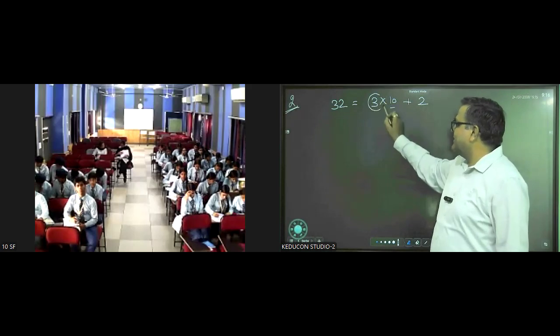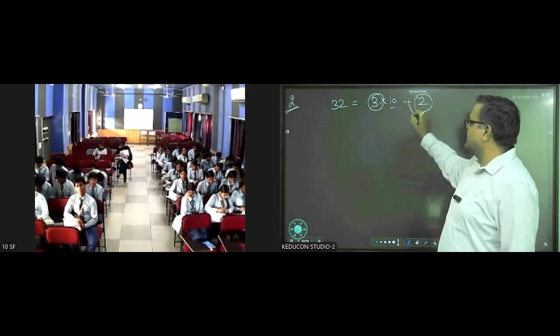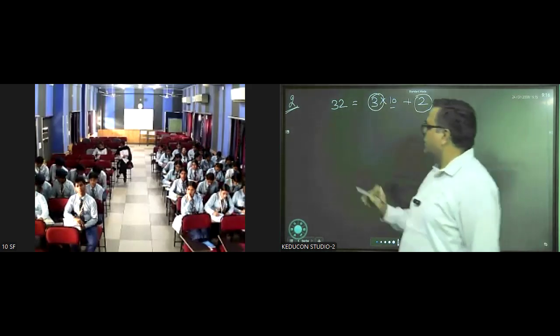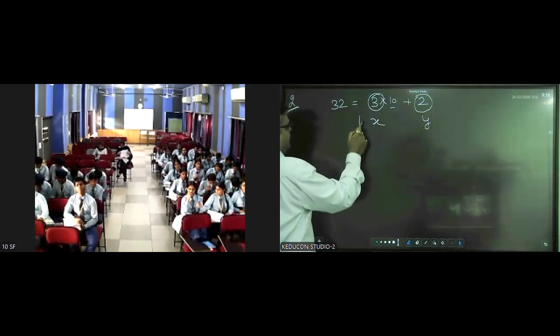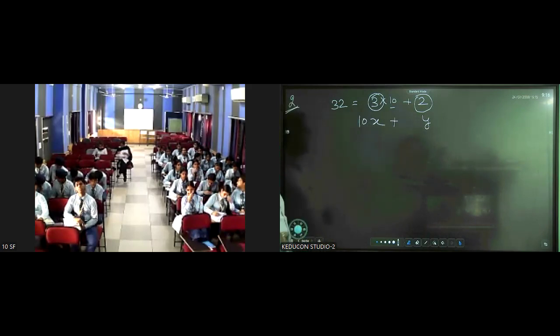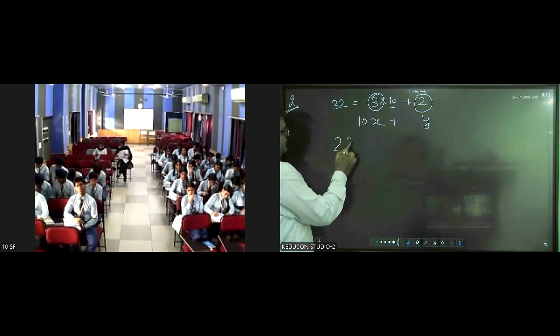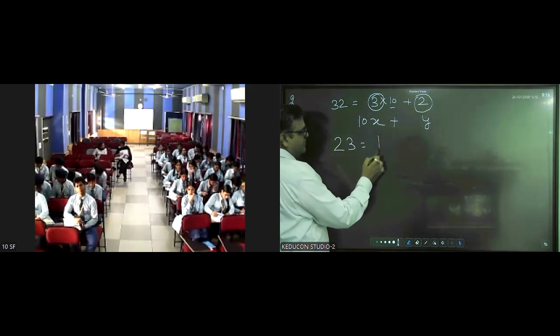So this is the digit, this is also the digit. If I take this as x, this as y, so what is the number? 10x plus y. If you reverse the order of the digits, so what will this number become?